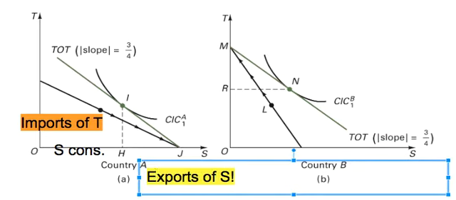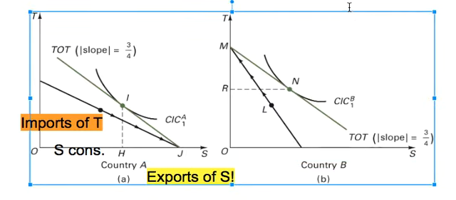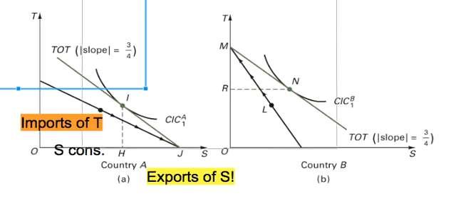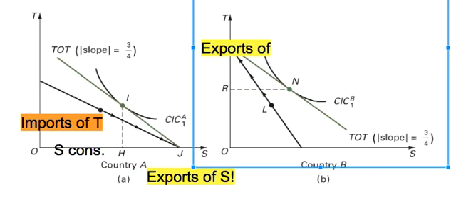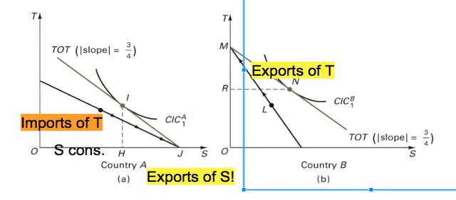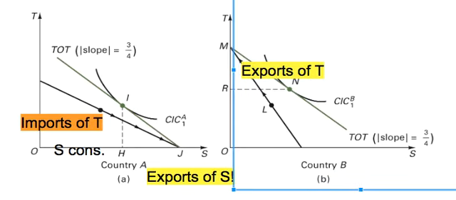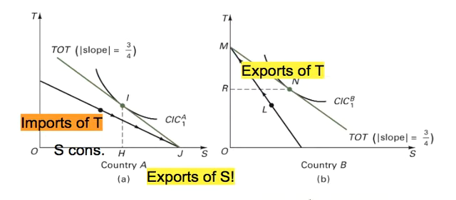So we can introduce it here. On the other hand, if we look at the amount that is consumed in terms of S in country B, we see that it's an amount RN.